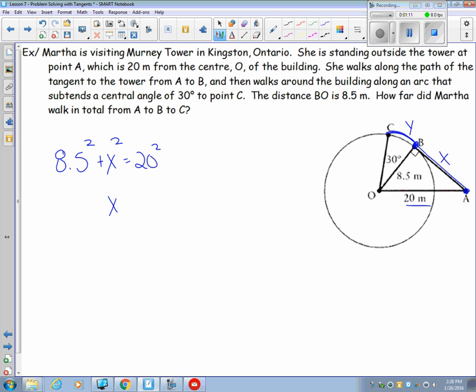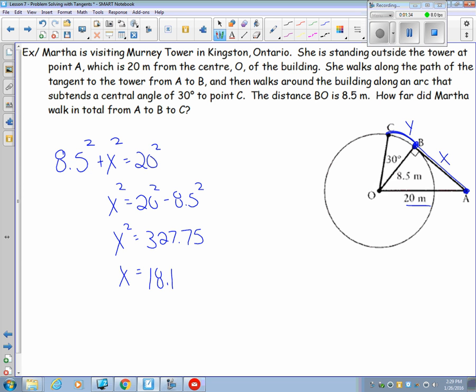To solve this, we've got to rearrange it a little bit. So 20 squared minus 8.5 squared. Put it in our calculator and we'll get 327.75. That's what x squared is, so we square root that and we end up with 18.1 for the section of the walk from A to B.